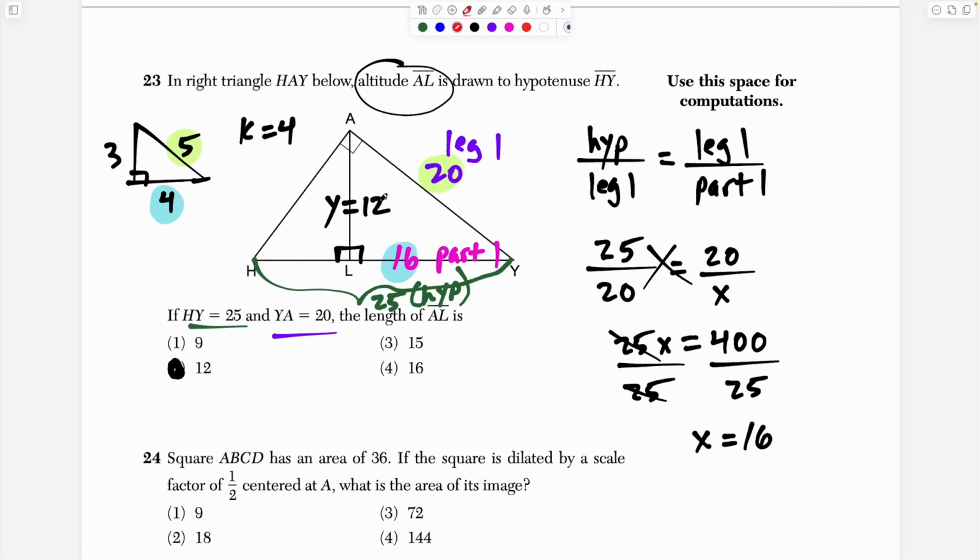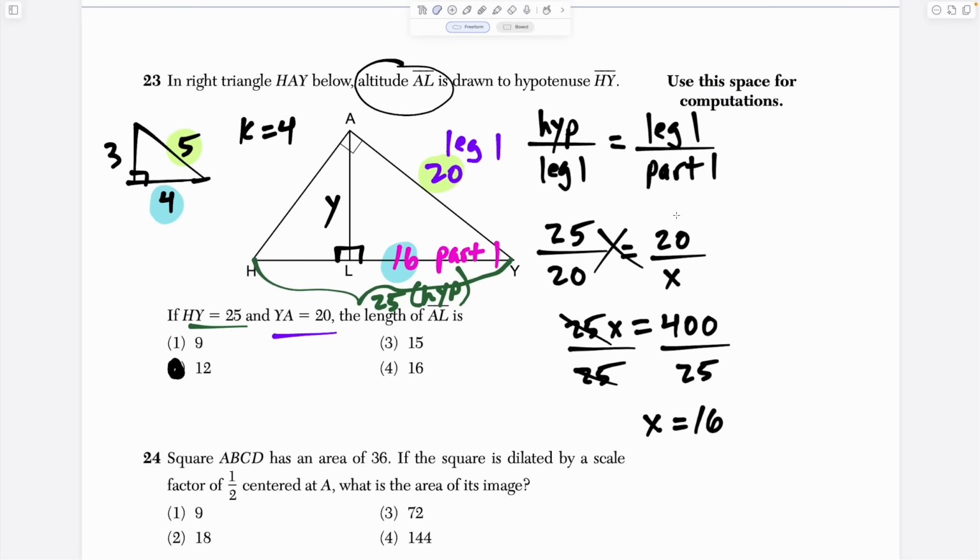Well, what you could also do is set up the Pythagorean theorem. So I'm just going to move this stuff over here. If I use the Pythagorean theorem instead, I could say y squared, so that's this side over here squared, plus 16 squared equals the hypotenuse, which is 20, so 20 squared.